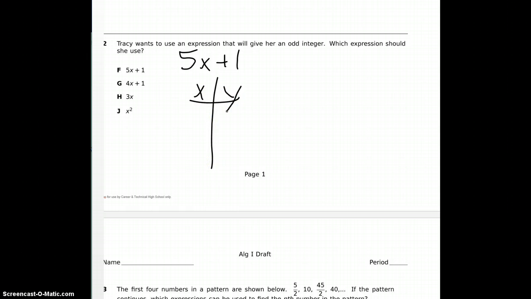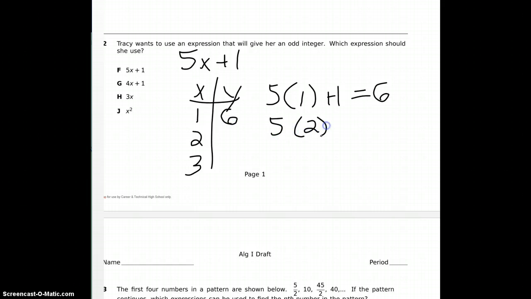You start by picking random x values, like 1, 2, and 3. And then you would begin by plugging in those numbers for the x, substituting. And so if I plug in 2 to this rule, I end up with 11.